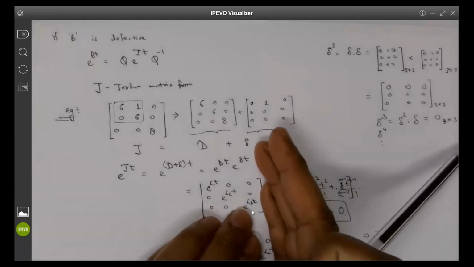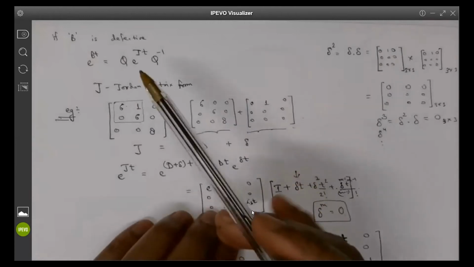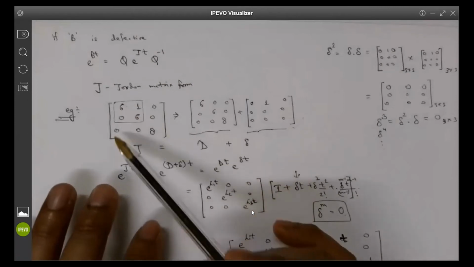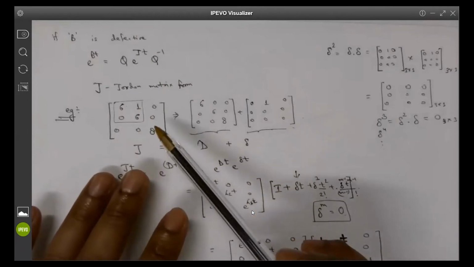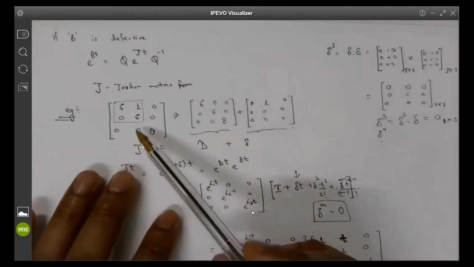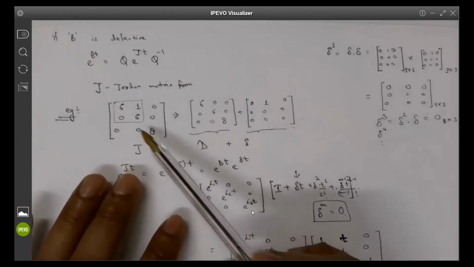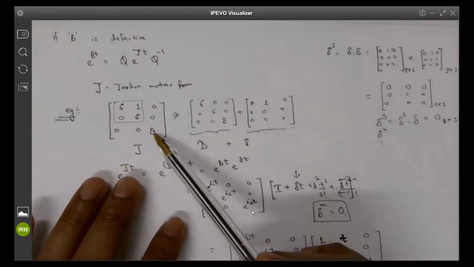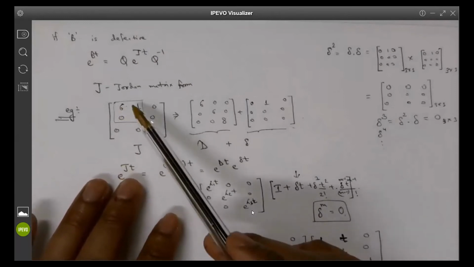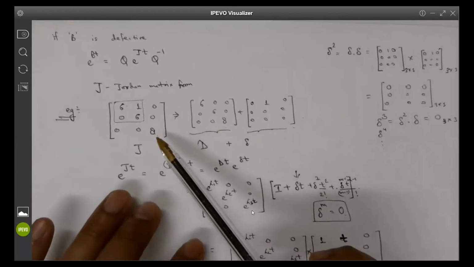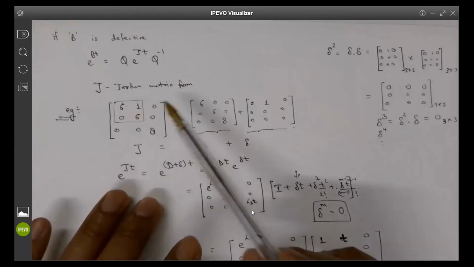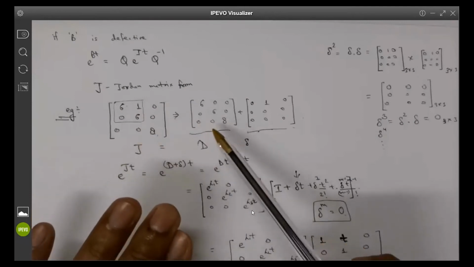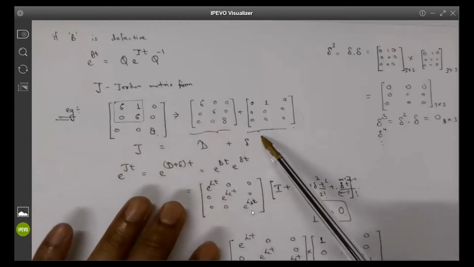But if it is a defective matrix, then we will get a Jordan matrix form as we have seen. The Jordan matrix will have all the eigenvalues in the diagonal elements, and there will be one Jordan block for the repeated eigenvalues. So we can decompose this matrix into diagonal terms plus the delta matrix.